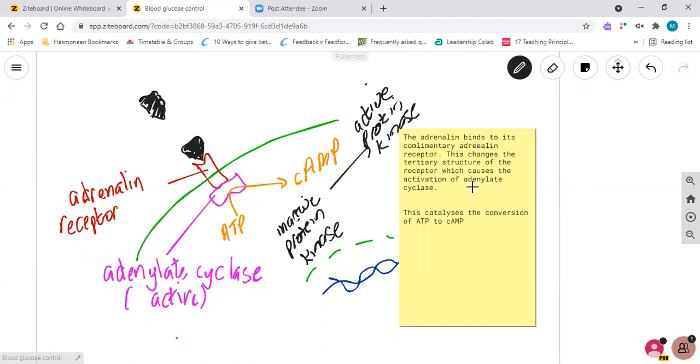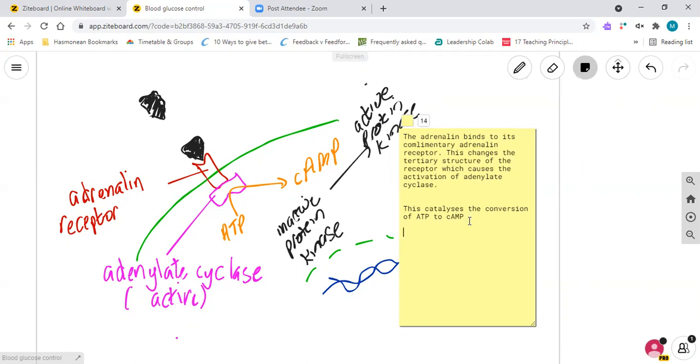That's the job of the cyclic AMP. cAMP converts inactive kinase into active kinase.